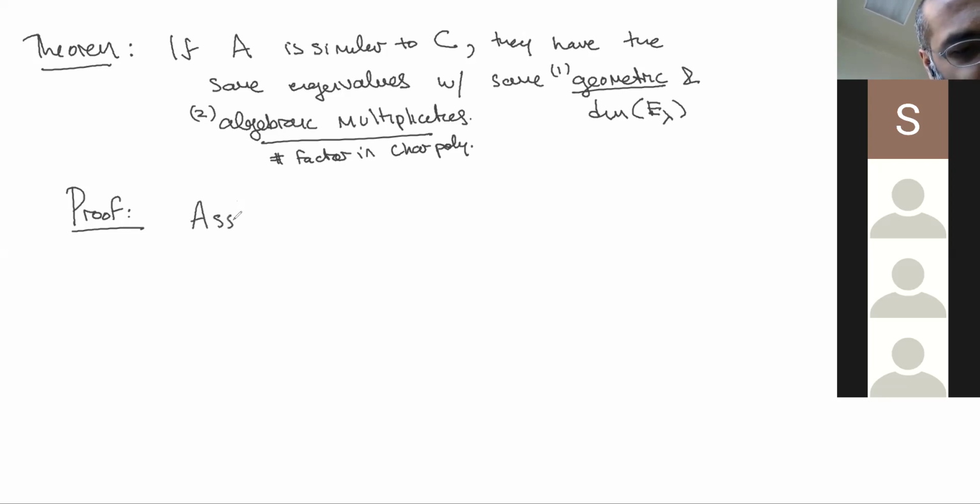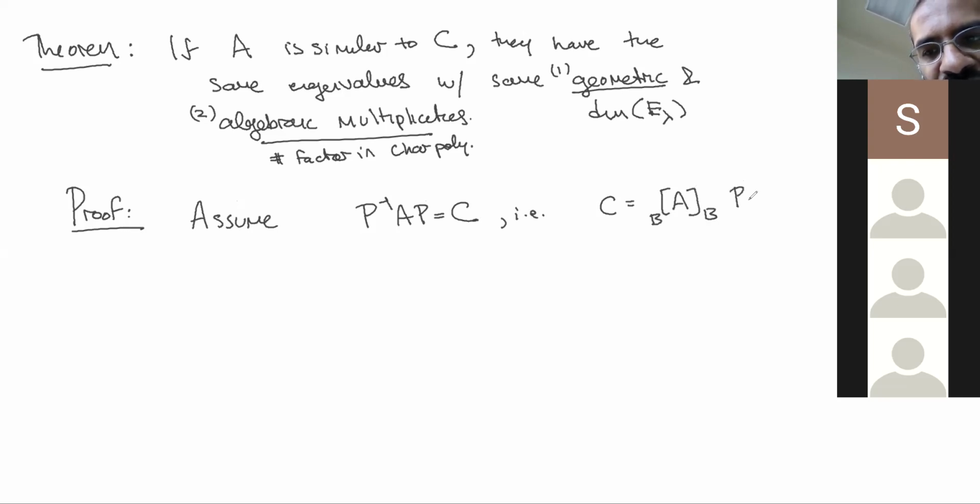So assume P inverse AP equals C. In other words, C is just the matrix of A in this B basis, where P is a matrix whose columns are this B basis.